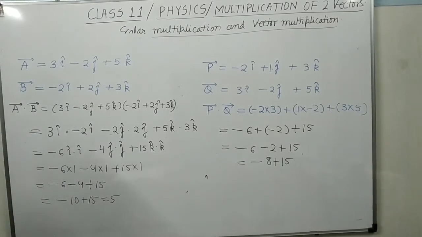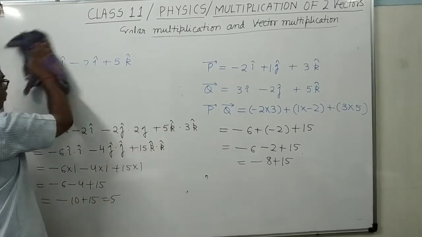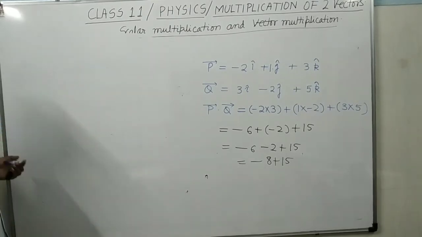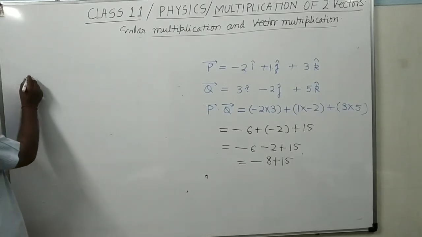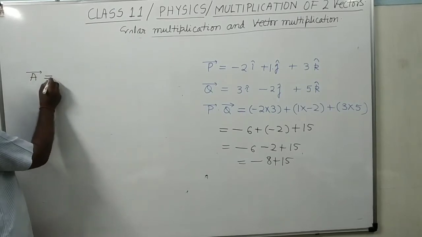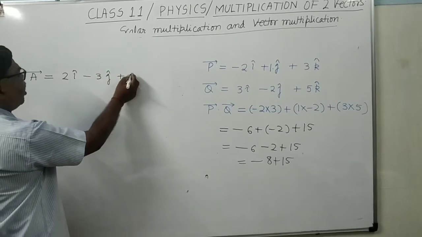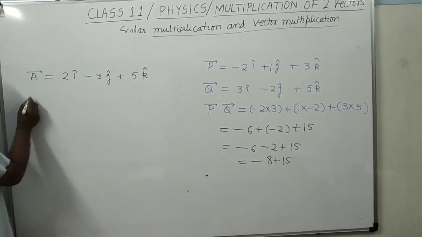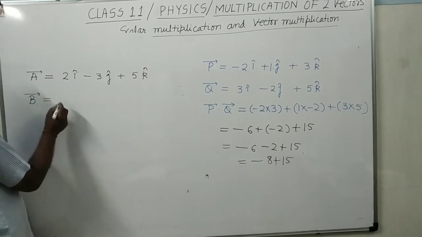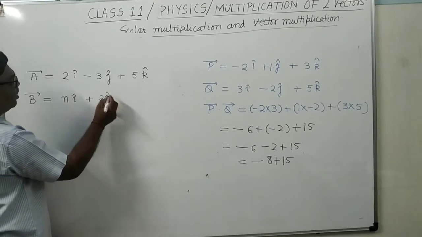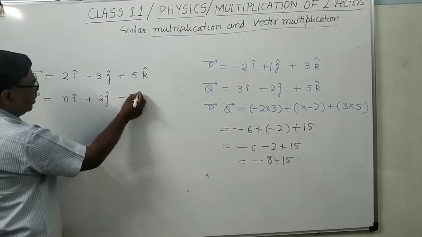Now after this, I am taking one example here. Before coming to the vector product, first I will take one example. You can see here, let vector A equal 2i minus 3j plus 5k and vector B equals ni plus 2j minus 3k.